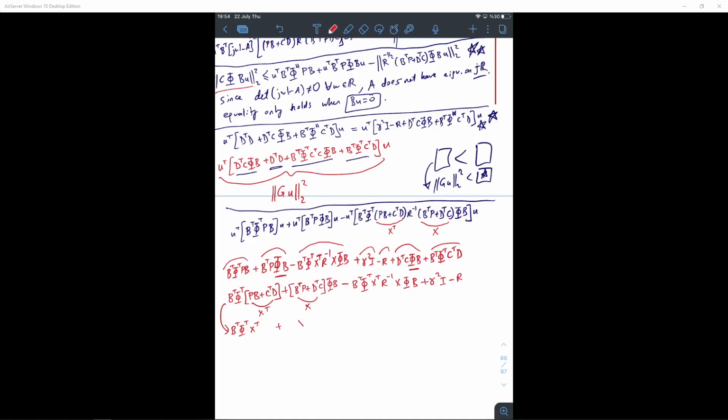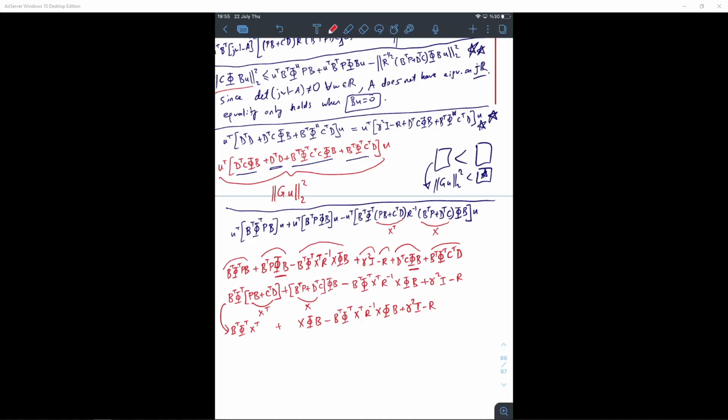This is X phi B. I just wrote the first two terms, minus B transpose phi transpose X transpose R inverse X phi B plus gamma square identity minus R.